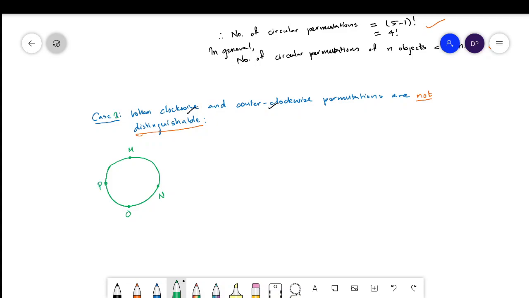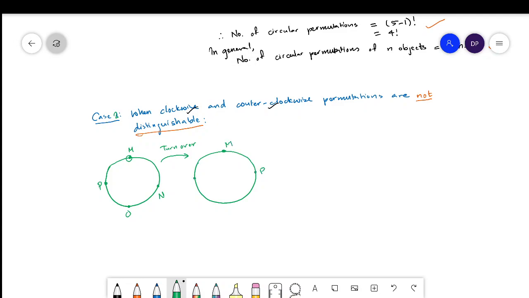Fine. And if we turn over this arrangement here, first we have to fix the position of one rose and we have to make the arrangements of the other roses in again (n minus 1) factorial ways only, fine. But if I turn over this garland, when we turn over, this position will be here, but this P will go here.